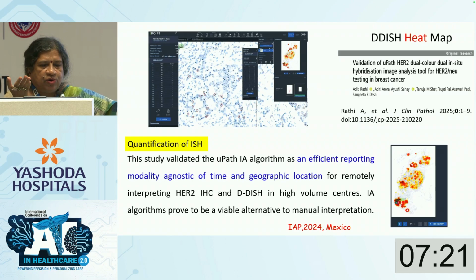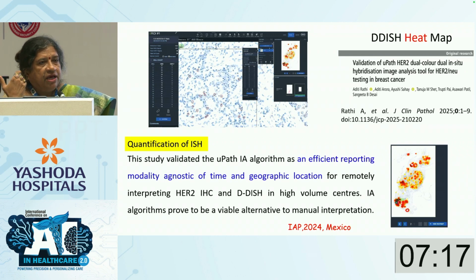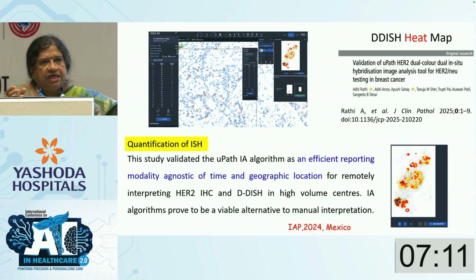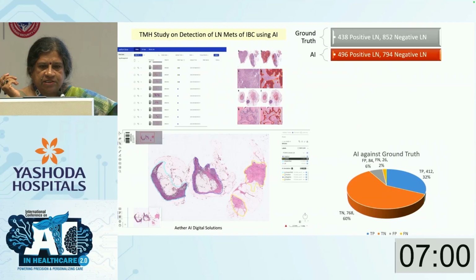This is about quantification of in situ hybridization. Yet another example of breast cancer, and you will agree with me, with a virtual image, it becomes agnostic of time and person. You can be anywhere in the world and you can report these cases.